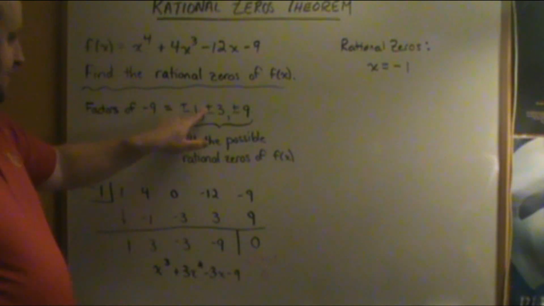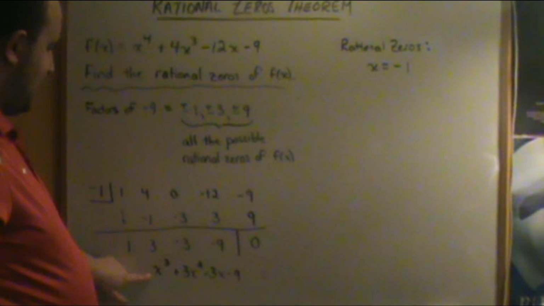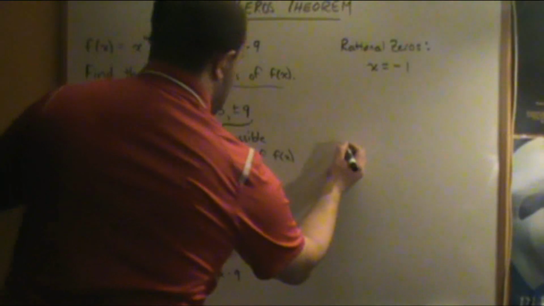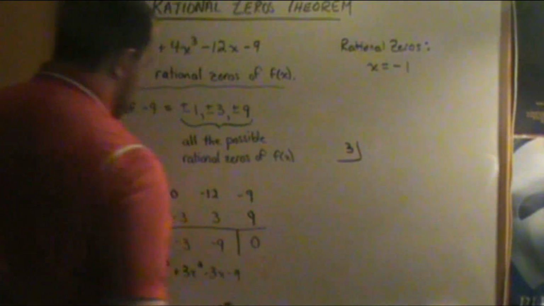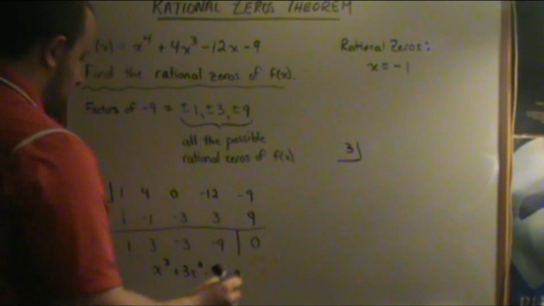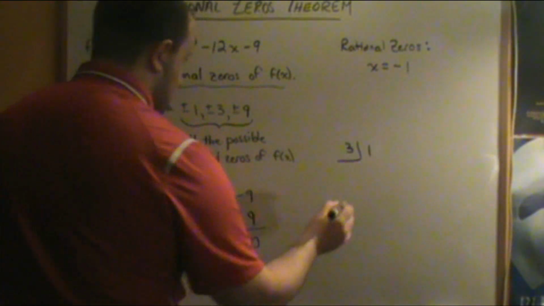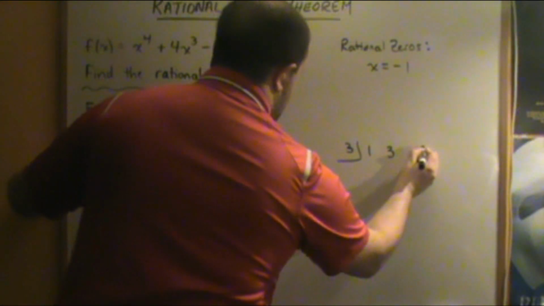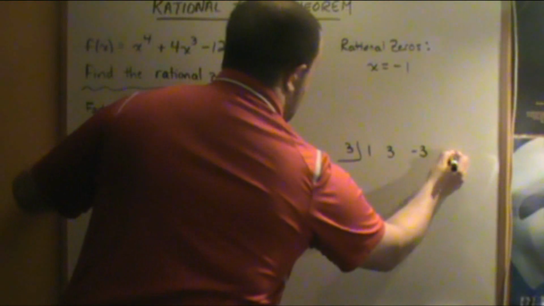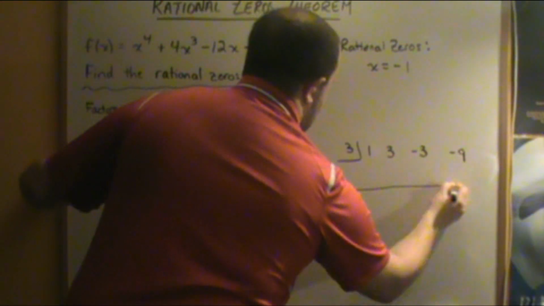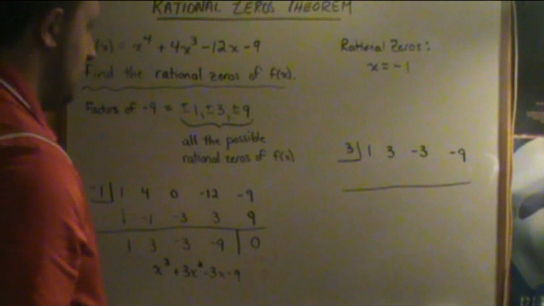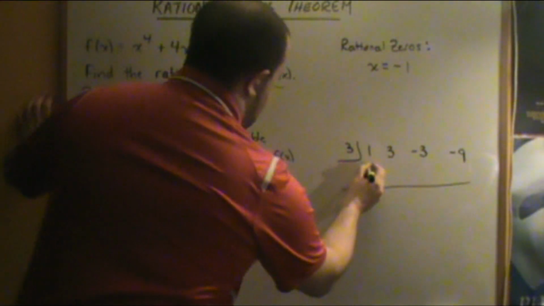So let's test positive 3 on this depressed polynomial. Do it over here. Write our coefficients up. 1, 3, negative 3, negative 9. Bring that 1 down.